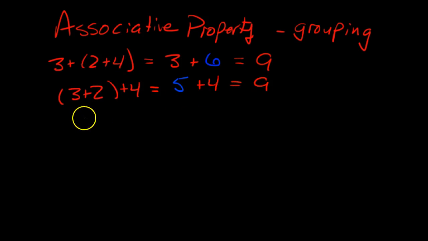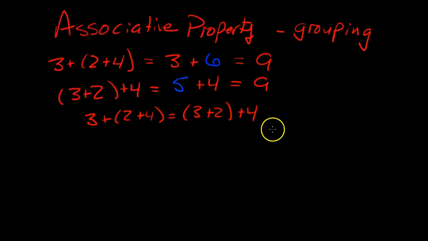So in mathematics language, I can basically say 3 plus (2 plus 4) is the same thing as (3 plus 2) plus 4. Notice that the terms in the problem didn't change their order. So in other words, I can do x plus (y plus z) is equal to (x plus y) plus z.